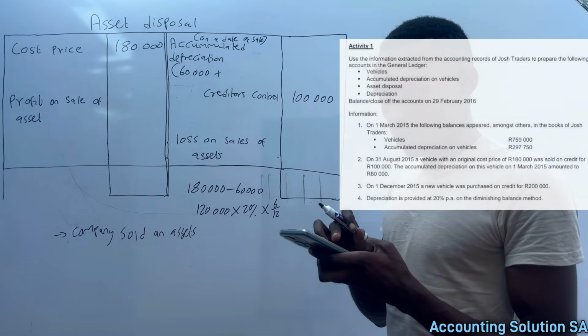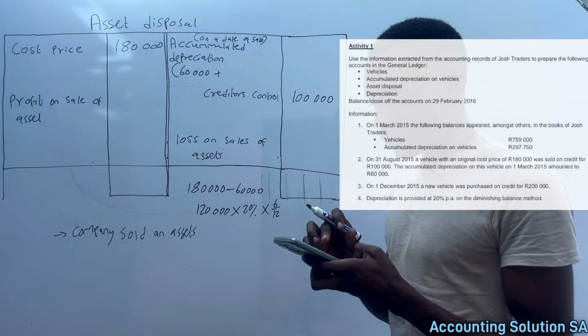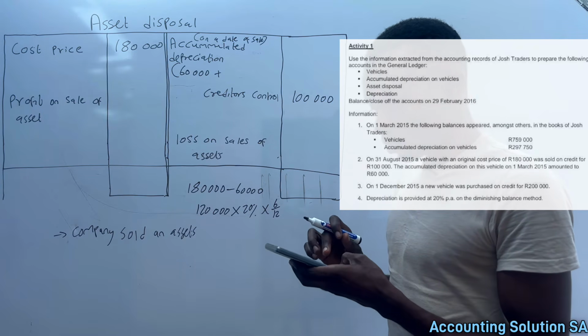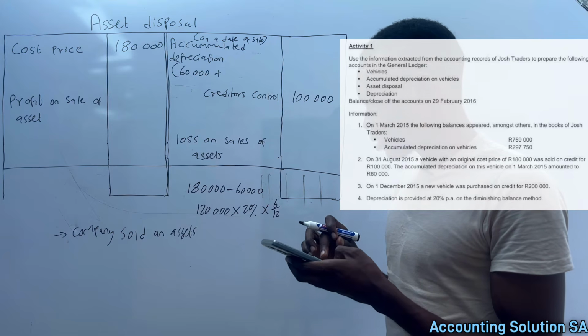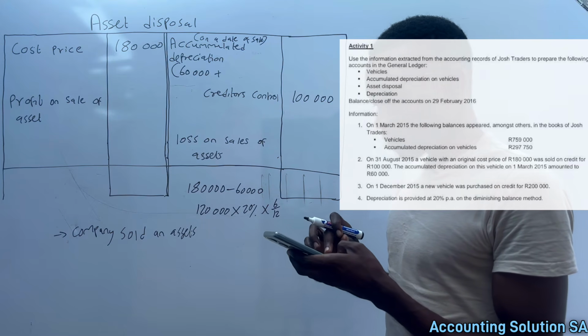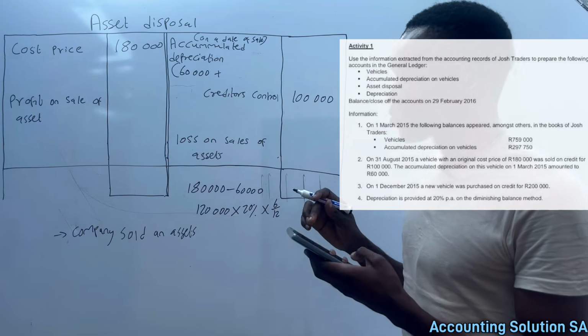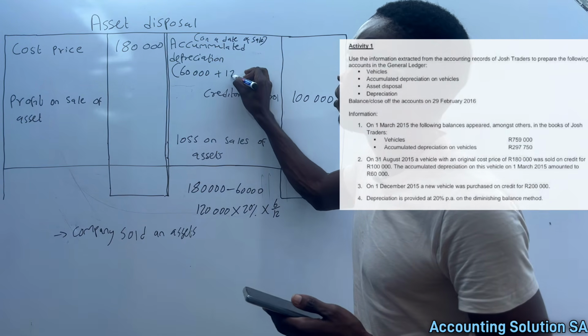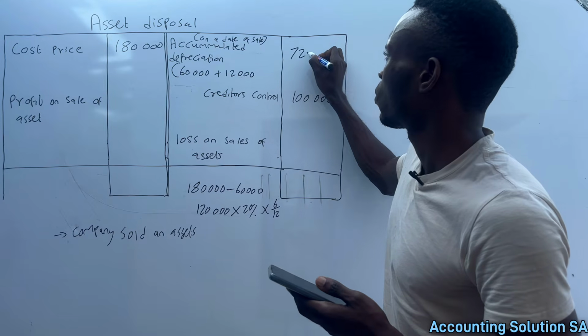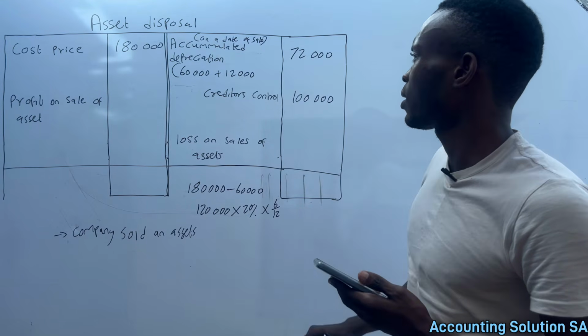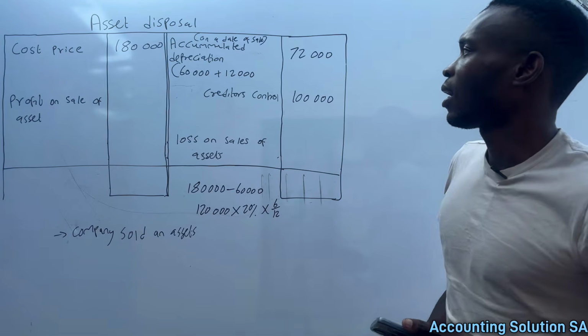Then if you do this on your calculation, 120,000 multiplied by 20% multiplied by 6/12 is going to give us 12,000. We add 12,000, then it's going to give us 72,000. Now let's check which side is higher.